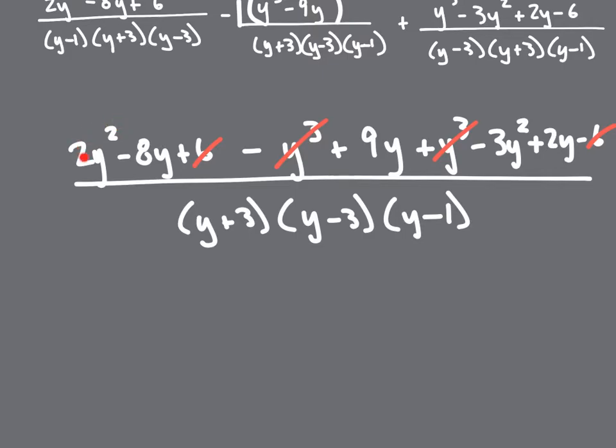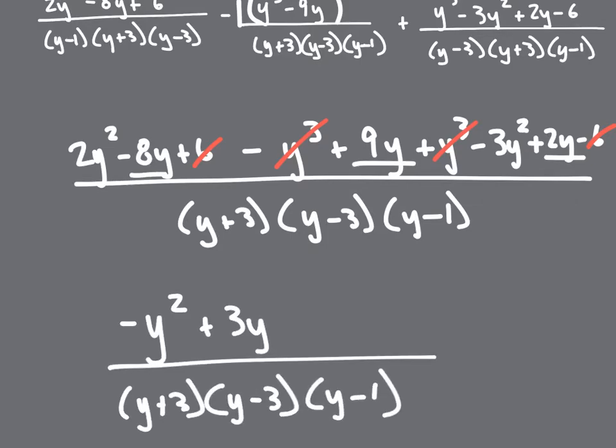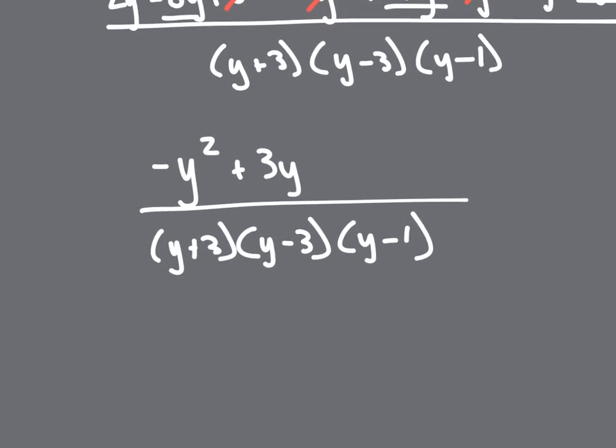From here, I've got 2y squared minus 3y squared, so that's going to give us a negative y squared. Okay, I have negative 8y plus 9y, so that's going to be 1y plus 2y. So that's going to be plus 3y, and that's it. Then you've got y plus 3 times y minus 3 times y minus 1. Now, at this point, you have to figure out, well, I could factor out a negative y here.